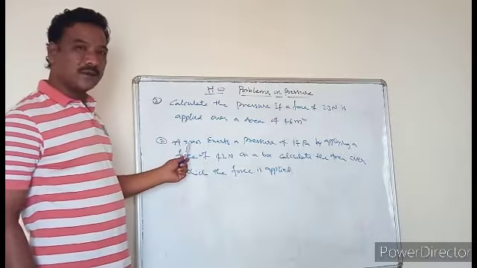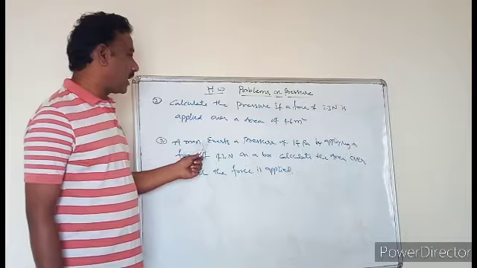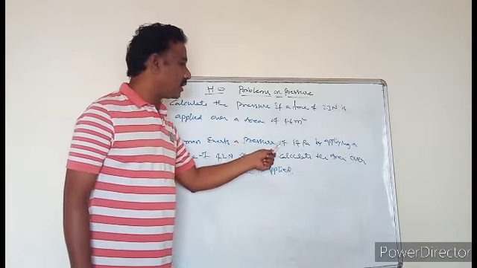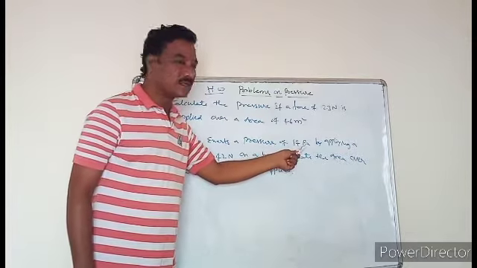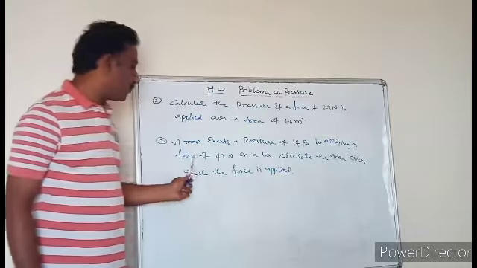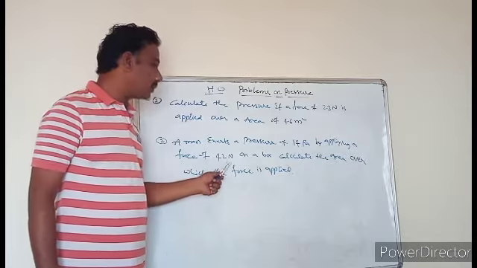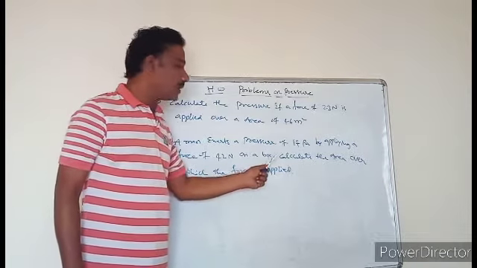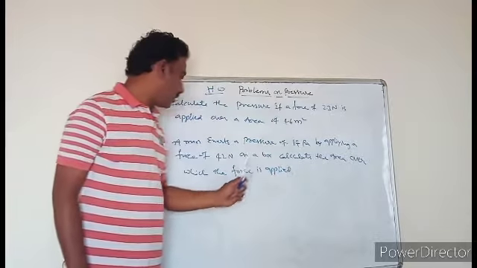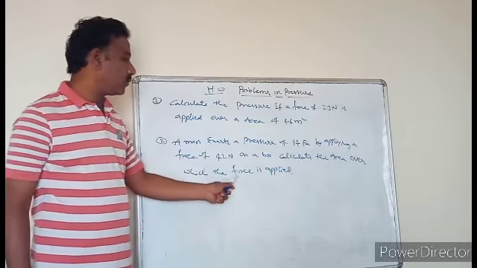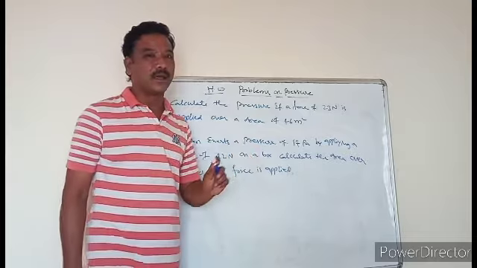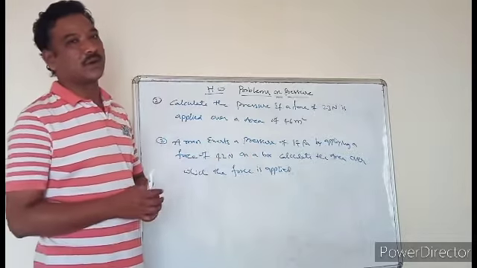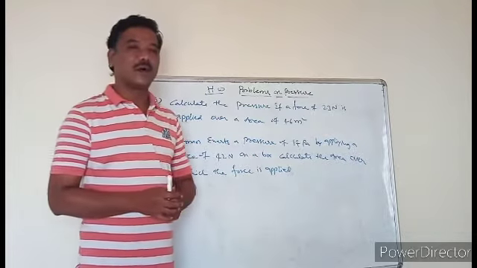And the second one: a man exerts a pressure of 14 pascals by applying a force of 42 newtons on a box. Calculate the area over which the force is applied. These are the two homework problems for you. You can solve these.